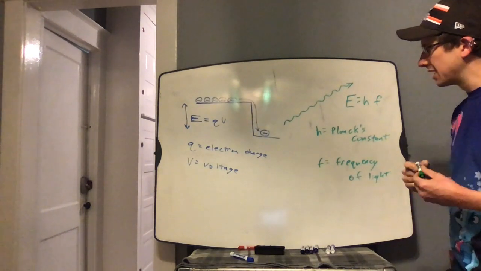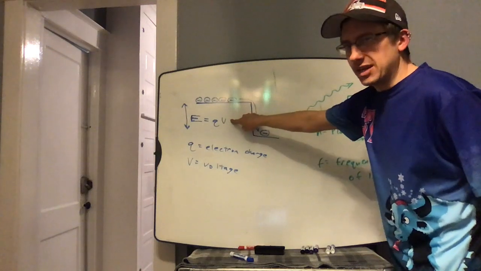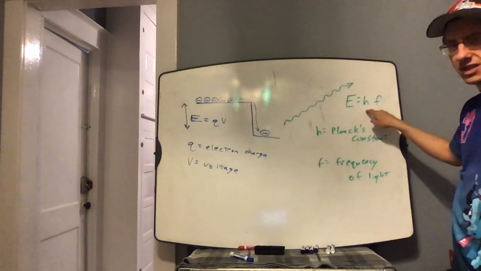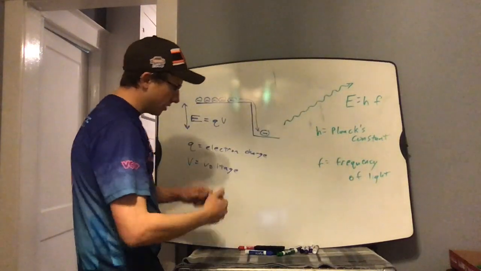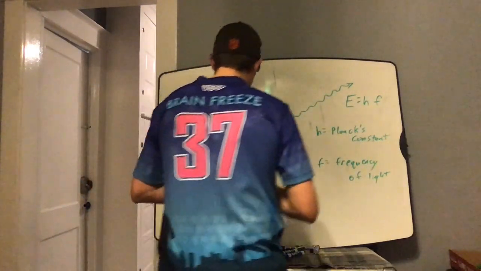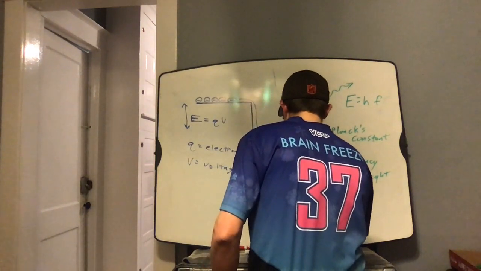Well, if the energy lost is Q times V, and the energy of the light emitted is h times f, I could set these energies equal to each other and say that QV equals hf.